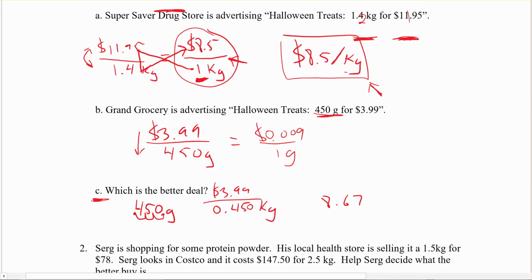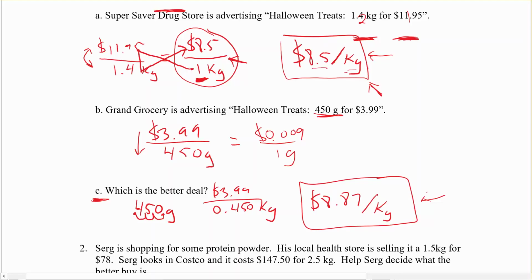Whoops, sorry, that was 8.87. And that was dollars per kilogram. So now we can compare these two, right? We've got this one and we've got this one. And we can see that the first one was actually a better deal.